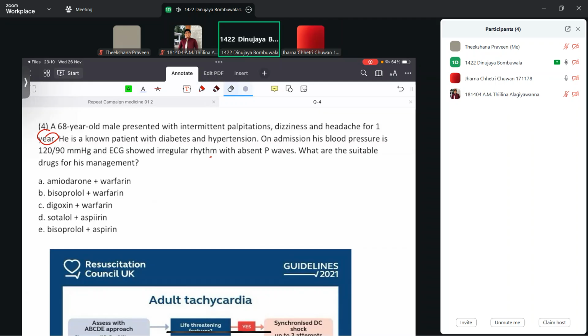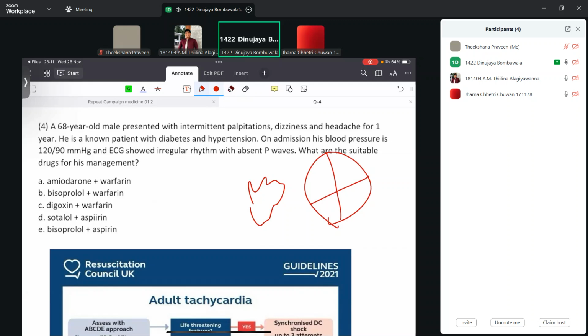What is the complication which occurs if there is atrial fibrillation for a longer period of time? Thrombus formation, within the atria, because in atrial fibrillation there is no proper contraction.